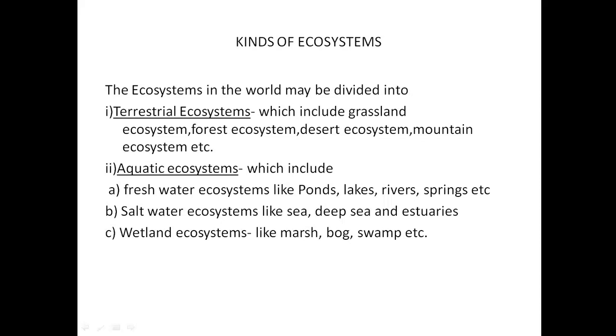Then you have one wetland ecosystem where the land is always wet. In fact, it is swampy or marshy, like marsh, bog, and swamp, etc. Here the land is never dry. It is half submerged in water. For example, you can take here an example of the Sundarbans.